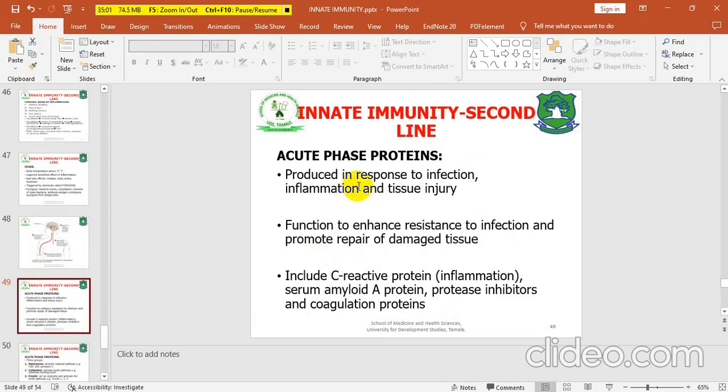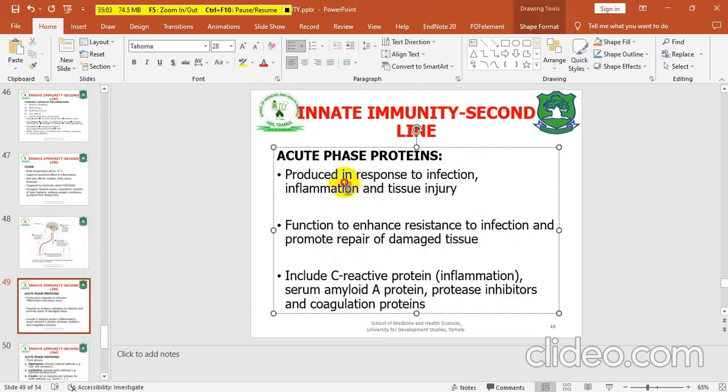Let's also look at acute phase proteins. In my master's research, I worked on C-reactive protein. It was one of the markers I used, and it's an inflammatory protein. Acute phase proteins are produced in response to infection, inflammation, and tissue injury. They function by enhancing resistance to infection and promoting repair of damaged tissue.